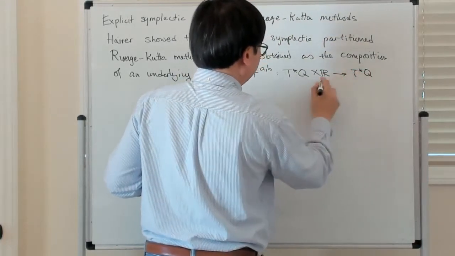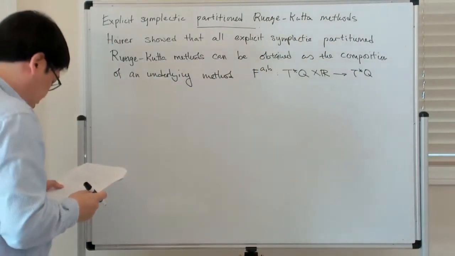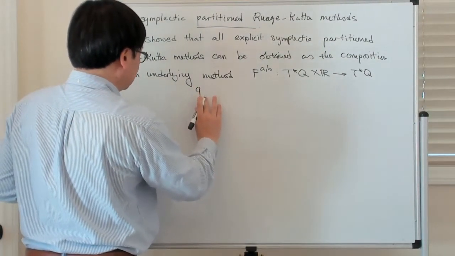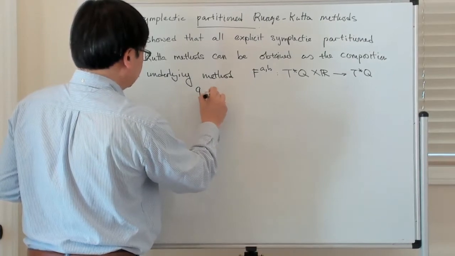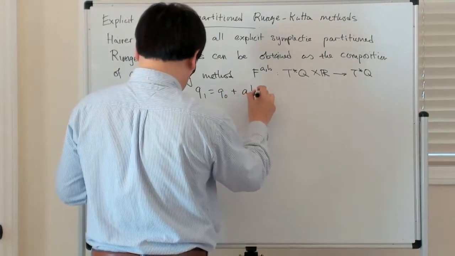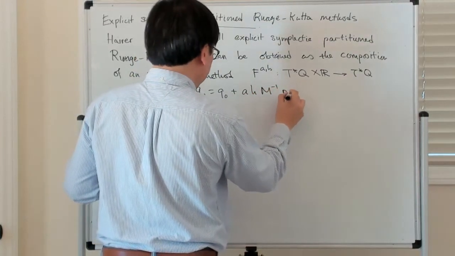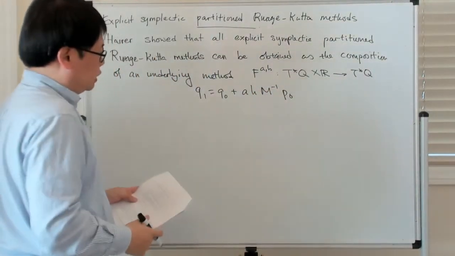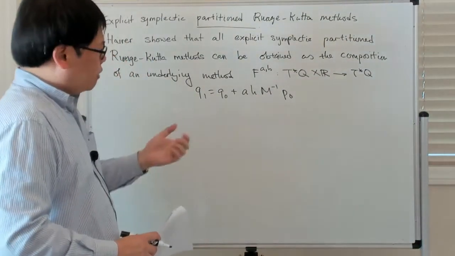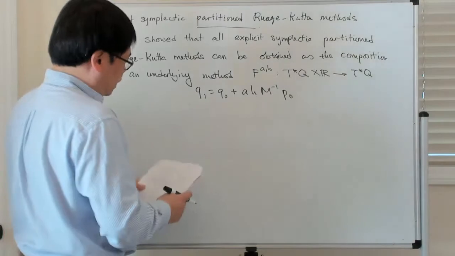So the real part again is the time step, and the method looks like the following: Q1 equals Q0 plus A h M inverse P0. If you have a simple mechanical system, then M inverse P0 is really just the initial velocity.